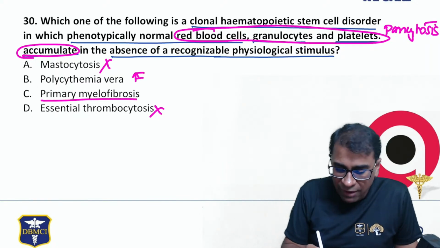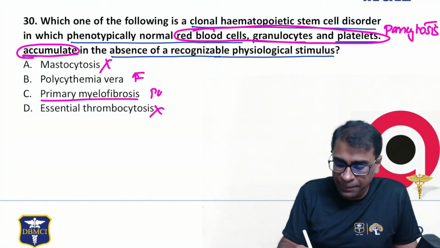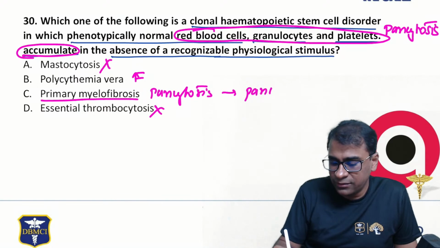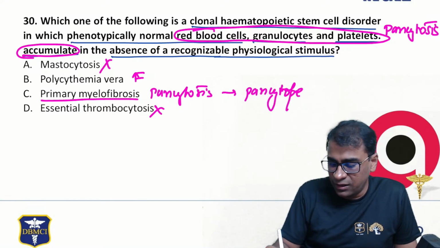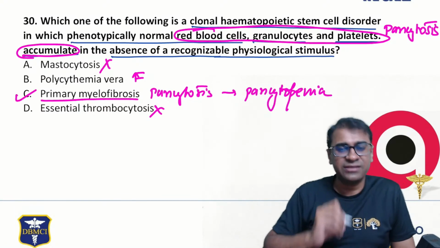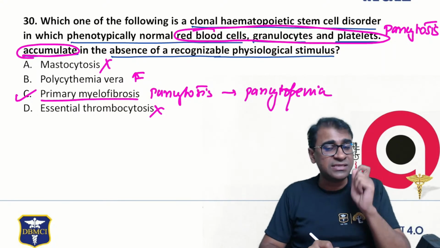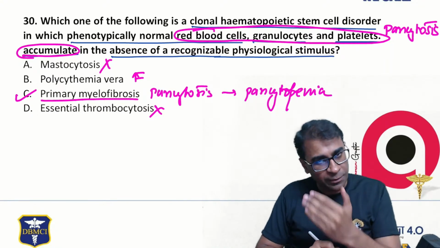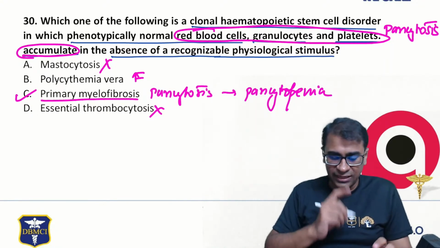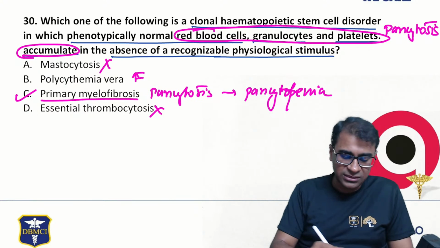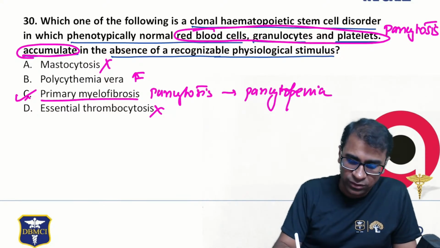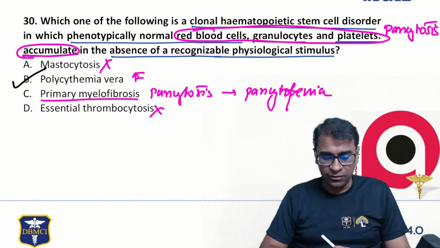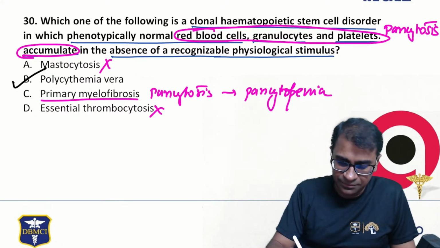Primary myelofibrosis can show you an increase in pancytosis, but ultimately it will show you pancytopenia. Had the option been CML, I would have taken that as the best answer. However, that not being in the options, you take polycythemia vera. The answer is B, polycythemia vera.